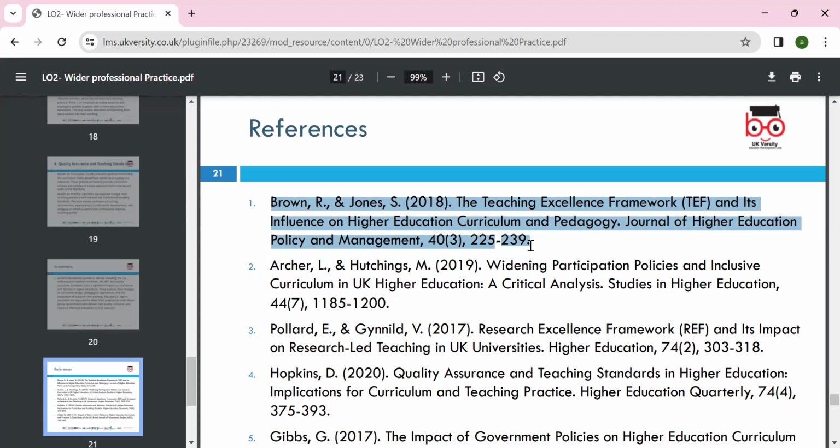Yeah, it's just to make sure that I can access them. When I was at university, I was able to access all the journals through the library. So I was just making sure that when I type, for example, that first reference, Brown and Jones, and the title, it will bring up the article or the book online. Yes, it's all online, so it's accessible, with no restrictions or anything.